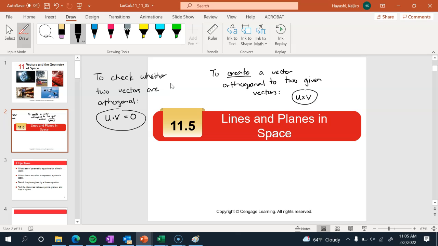When you cross two vectors, the vector that comes out of that process should be a third vector that's orthogonal to each of the two that you used. Those are the two things.